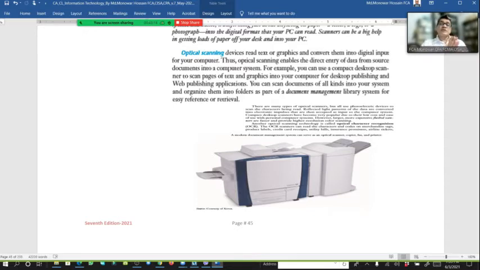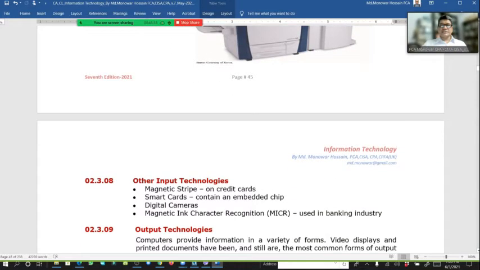That's why we also need that type of scanner. If you scan it, it is converted by optical character recognition, called OCR. With OCR, you can change the words and rectify them. This is the positive side of optical scanners.